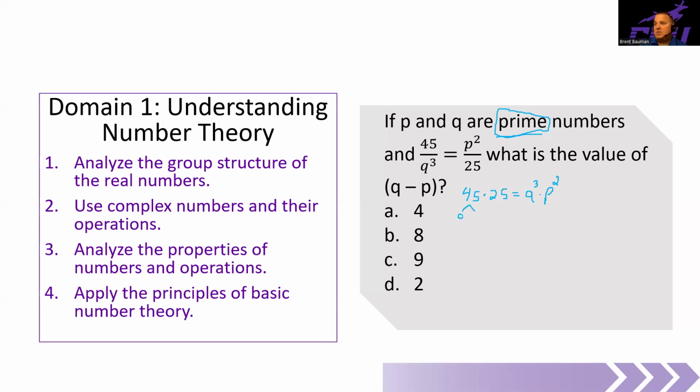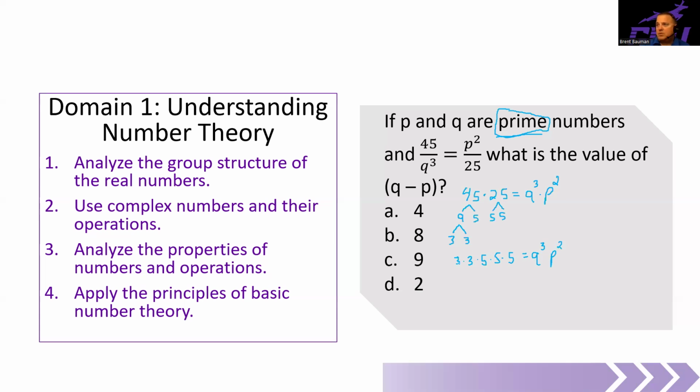45 is 9 times 5. 5 is good. 9 is 3 and 3. 25 is 5 times 5. So we have it down to the prime factors, and it's a product, so we can write this as 3 times 3 times 5 times 5 times 5 equals q cubed times p squared.